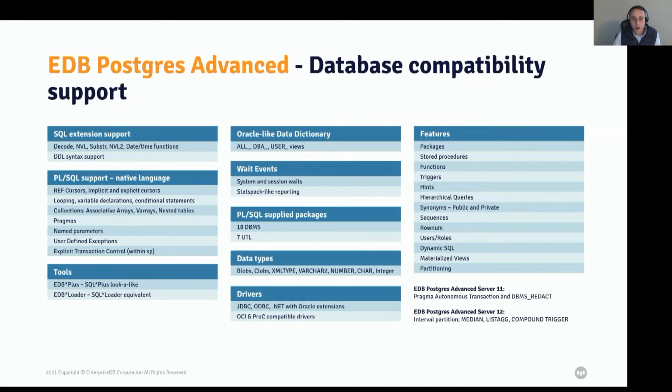So you get a lot of very strong Oracle features within EDB Postgres Advanced. And so if you're doing new application development, PostgreSQL, you've done some migrations with EDB Postgres Advanced, you can still use Cloud Native Postgres to deploy either of those workloads. It's just the image name in your cluster CR that's going to be different.